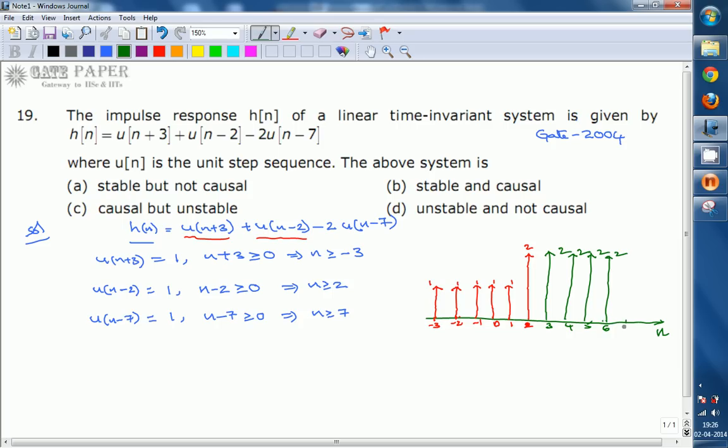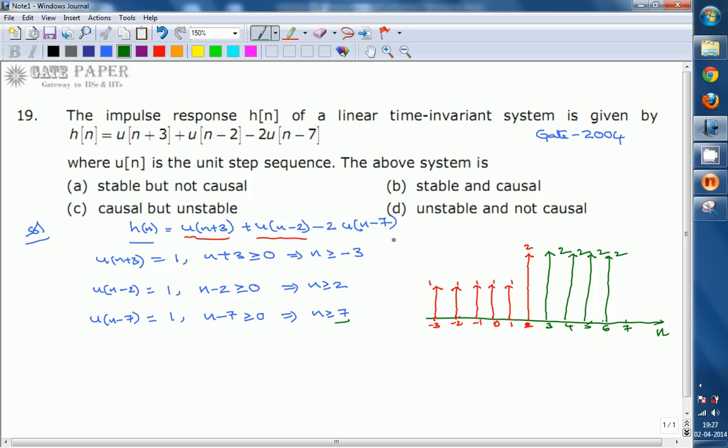So what happened from 7 onwards? So here from 7 onwards, that is u of n minus 7 equals 1 for n greater than or equals to 7. So from 7 onwards we have an amplitude of 1. So here we can observe that this is minus 2 u of n minus 7. So the magnitude becomes minus 2 from 7 onwards. So the addition of these two becomes 2, and minus 2 we are subtracting from this.